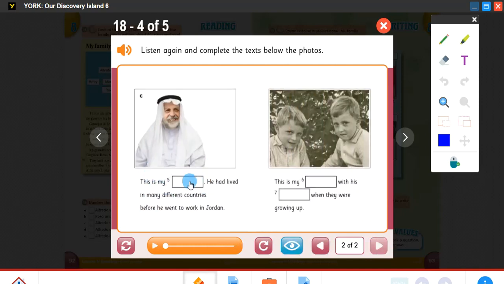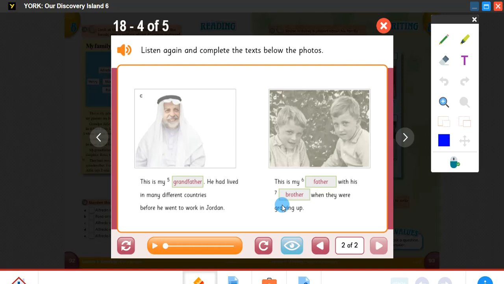Next, this is my grandfather. He had lived in many different countries before he went to work in Jordan. This is my father with his brother when they were growing up.